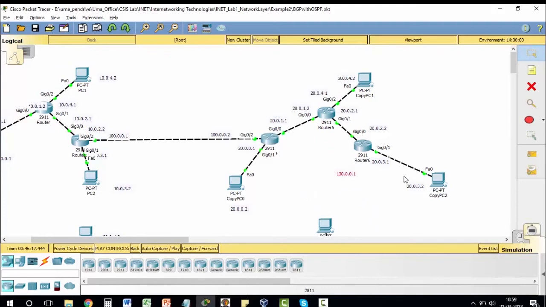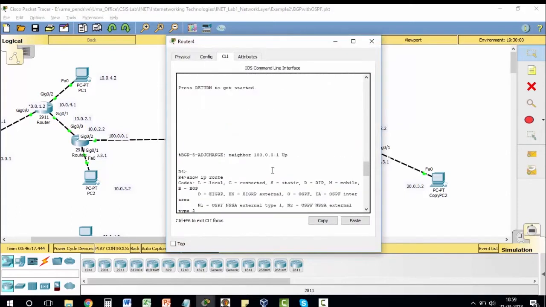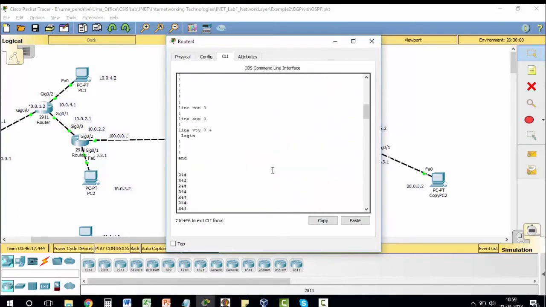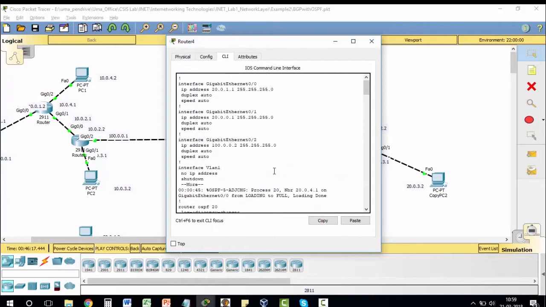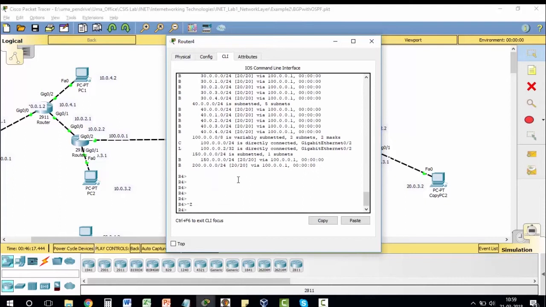So we have seen the difference between BGP and OSPF. Now let's look into the configuration that has been done on this particular router, router 4. We can go into the running configuration.